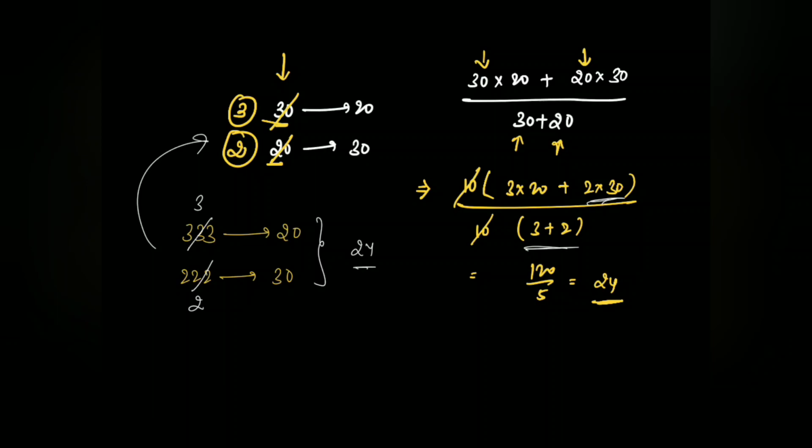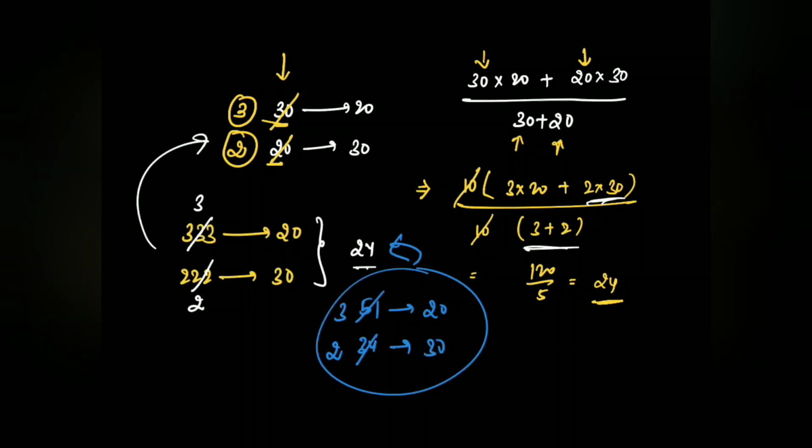Sometimes they'll give it like this: there are 51 observations whose average is 20 and 34 observations whose average is 30. This is again the same as 24 because the ratio is again 3 is to 2. So be careful when you are taking it. Just take the simplified ratio of the number of observations. That will give you the best results.